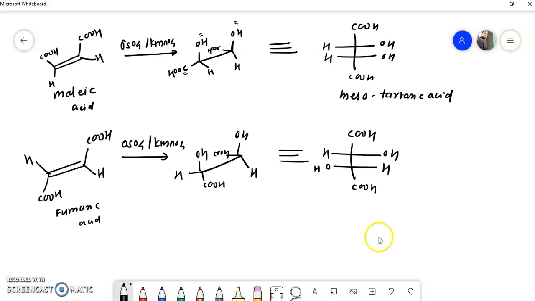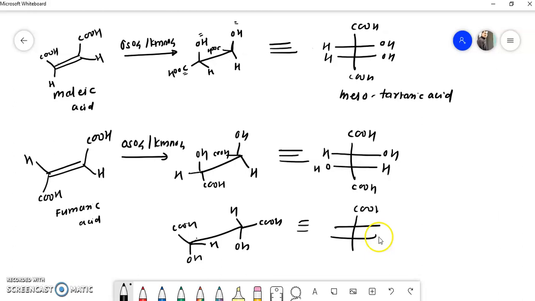If the OH groups come on the downward side, then we can write the structure like this. Suppose here is COOH, COOH, hydrogen, hydrogen. Then also we can write the Fischer projection formula like this: COOH, COOH, here is OH, here is OH, H and H. So one is the D form, another one is the L form. So this is plus-minus tartaric acid, we can say.